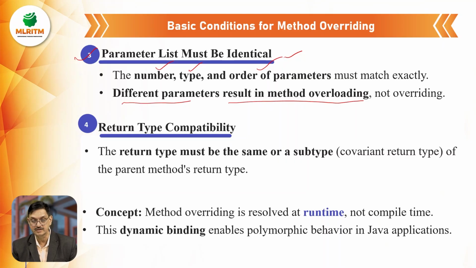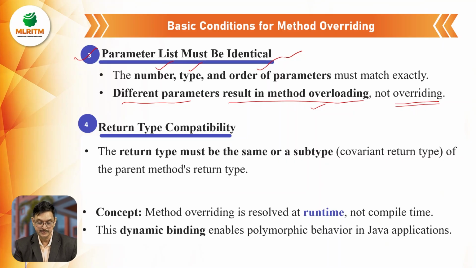If the parameters are different, or in a different order, or have different data types, it becomes method overloading, not method overriding. So method overriding is possible if and only if both parent and child class methods have the same name and the parameter list is identical.